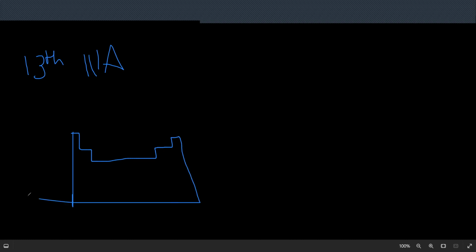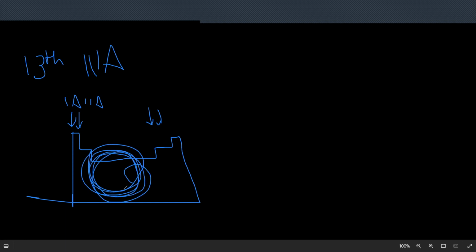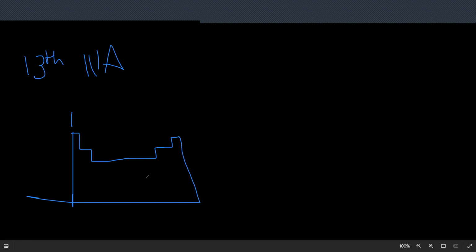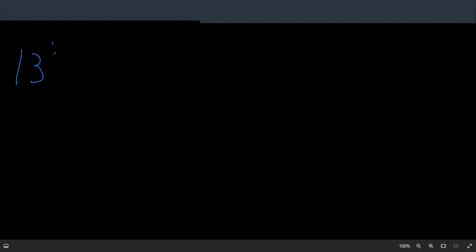Now let's learn about the 13th. This is 3A, but it is the 13th group, because in the periodic table, here and here are the first and second, but after that it goes over here, because this is part of B. So now we go to the 13th, which is the boron family.